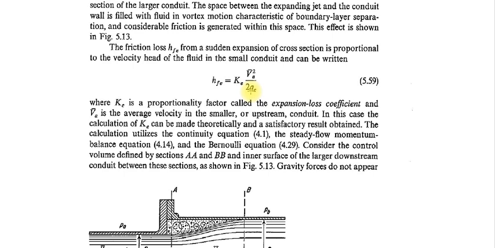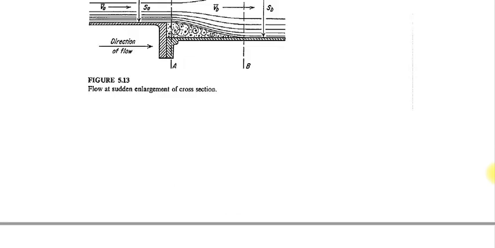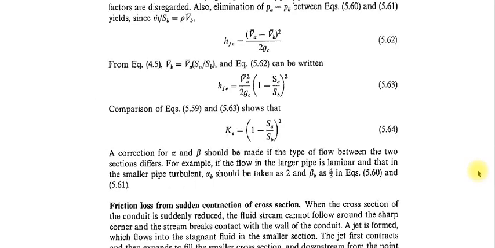If you are solving the problem in the SI unit, then this Gc will not come. So Ke is the expansion loss coefficient, and the Ke can be calculated by (1 minus Sa by Sb) square, where Sa is the surface area of the upstream channel, and Sb is the surface area of the downstream channel.